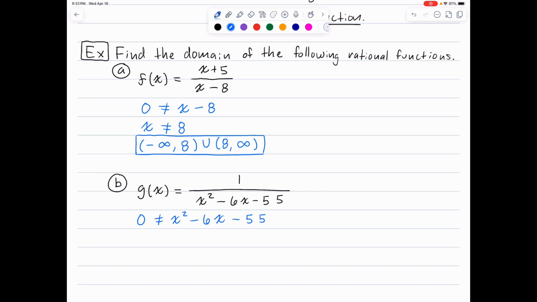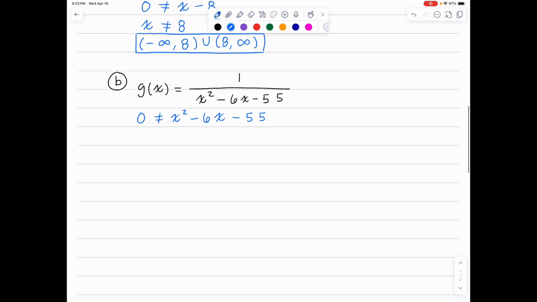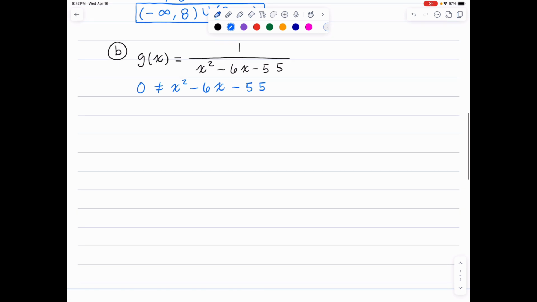Now this is a quadratic function, so we can factor it. It is factorable. So I would ask that you take a moment, pause the video here, and see if you can factor it. Alright, so hopefully you paused the video and you factored it, and you saw that 0 cannot equal x plus 5 times x minus 11.